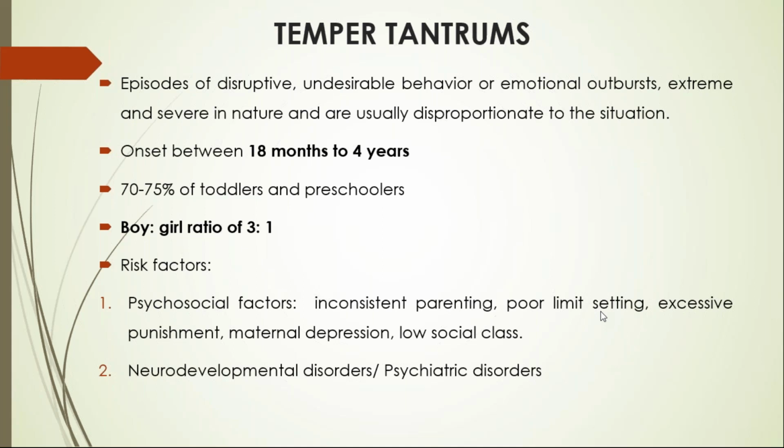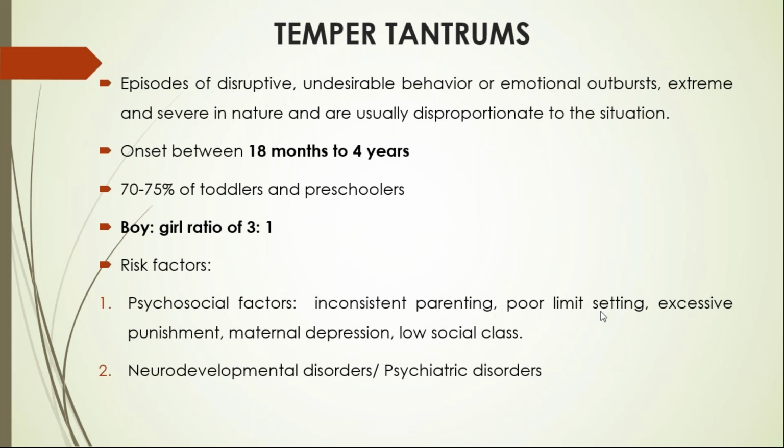When you don't put a bar after which the child cannot go more than that, or he has to understand the meaning of no, that he cannot keep demanding or asking for unrealistic things. It could be an object, it could be a demand for food, it could be a demand for, say, going out, or any setting which is out of the limit, which is unrealistic.